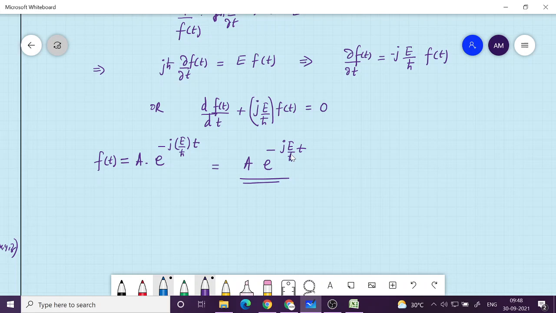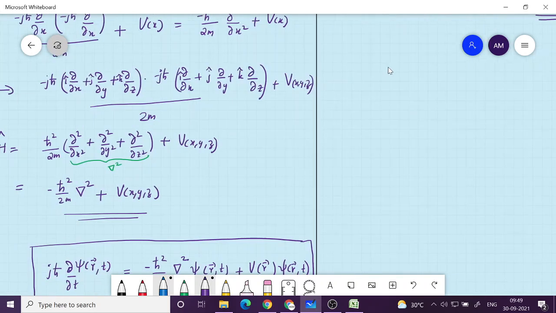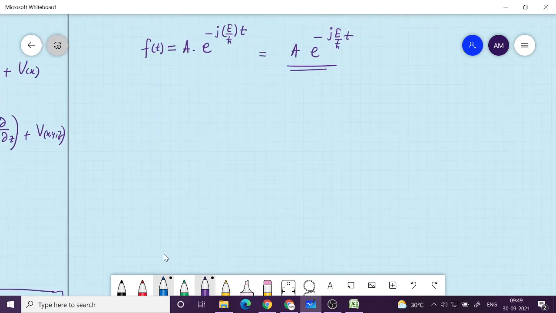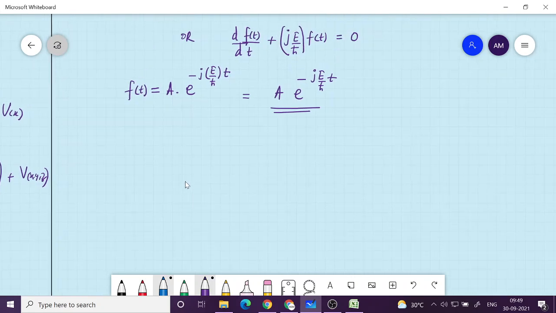If you know that constant value, now that constant should satisfy both sides of the Schrodinger equation. It should satisfy the right side also. So if you know E, then you can write the time dependence of the wave function as a into e raised to minus j E by h cut into t.